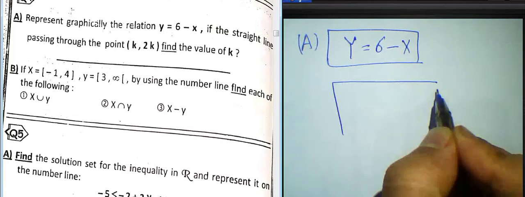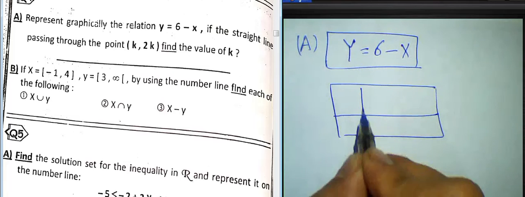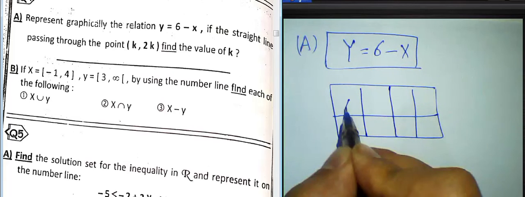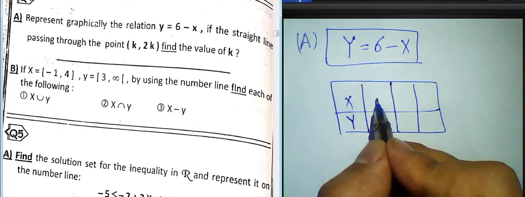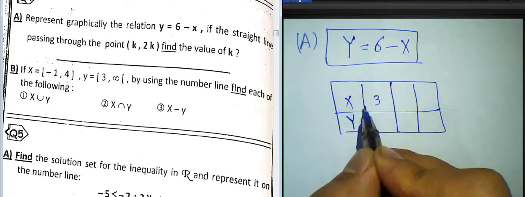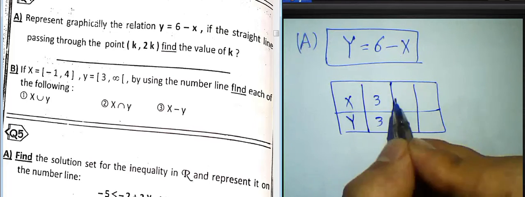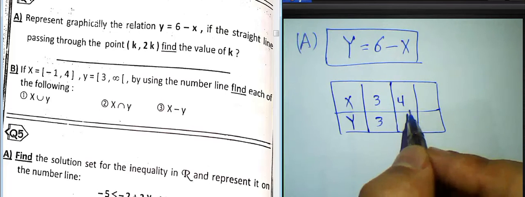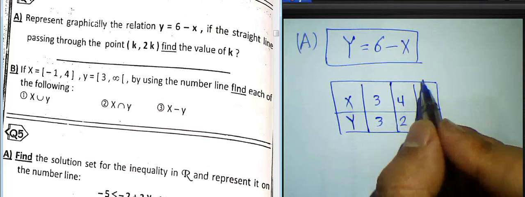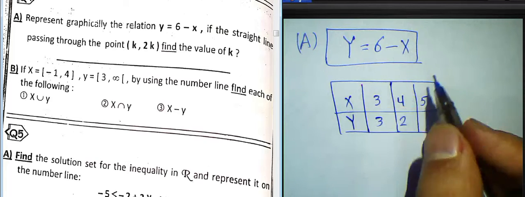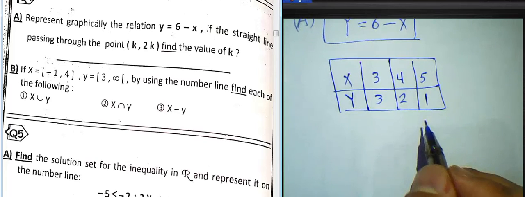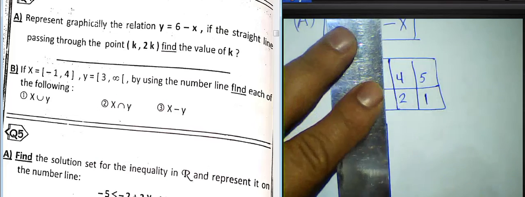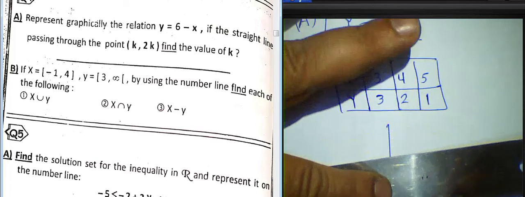We can draw a table with x and y. Put x equal 3, 6 minus 3 equals 3. Put x equal 4, 6 minus 4 equals 2. Put x equal 5, 6 minus 5 equals 1. And then you can use a ruler to draw it graphically.